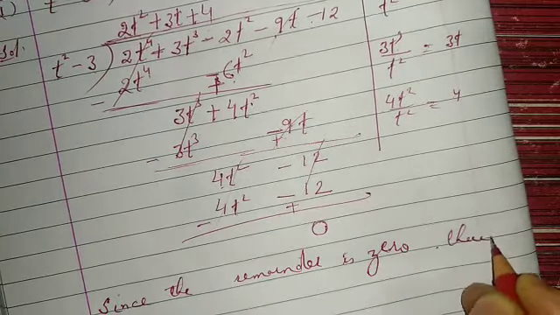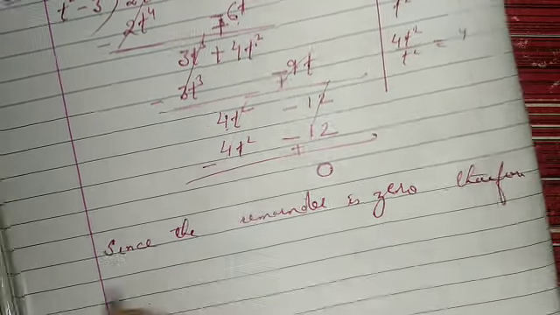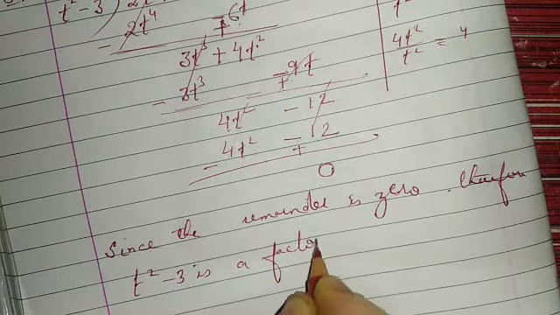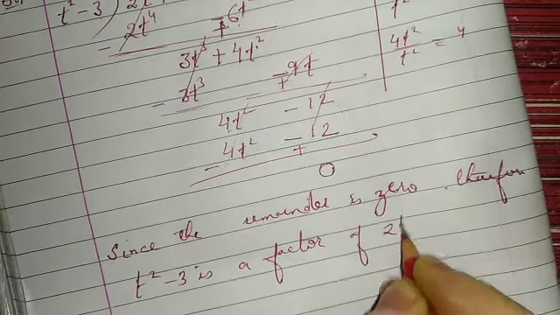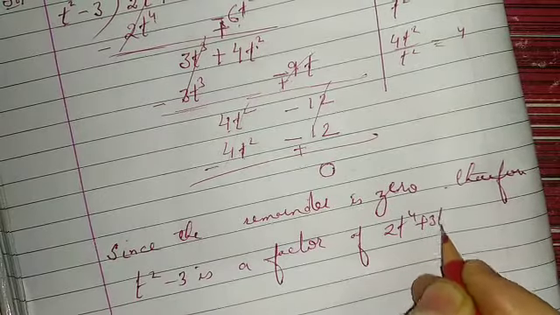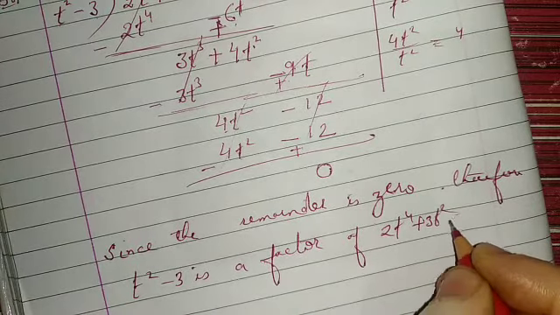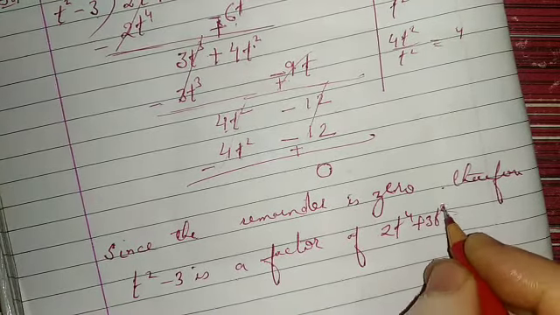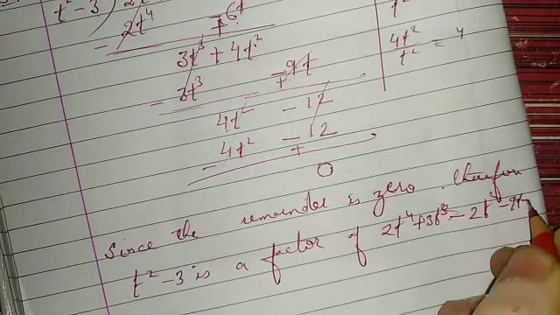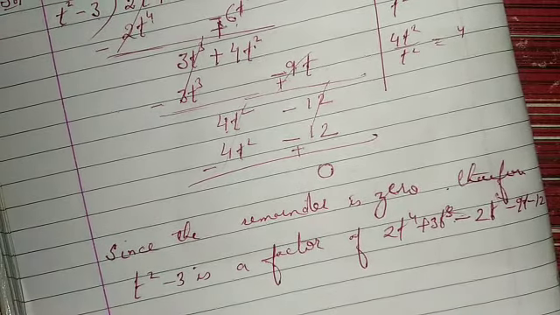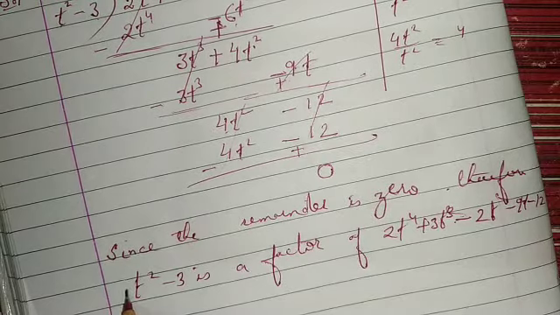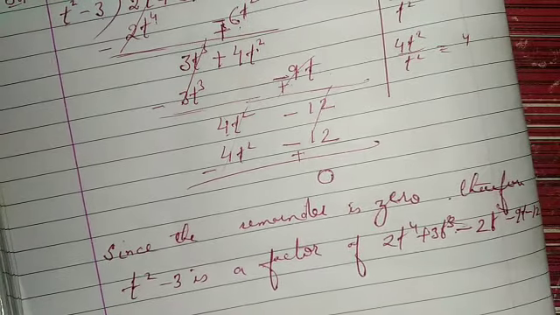Therefore, t square minus 3 is a factor of 2t to the power 4 plus 3t cube minus 2t square minus 9t minus 12. t square minus 3 is a factor of this expression.